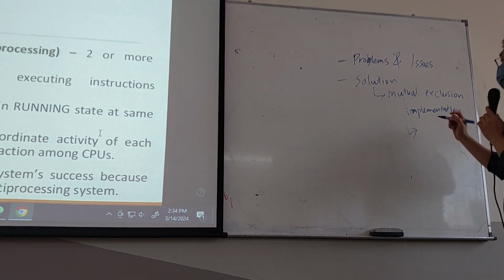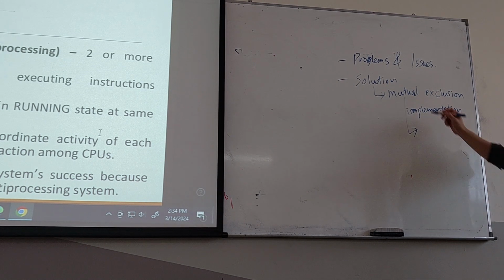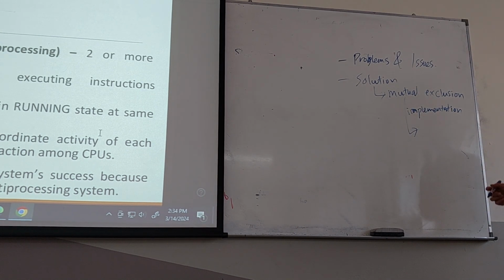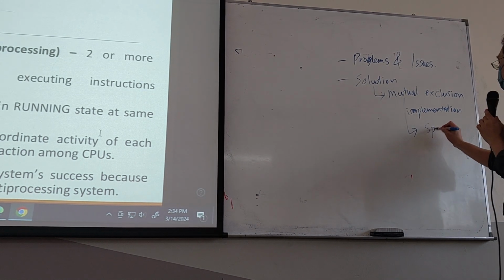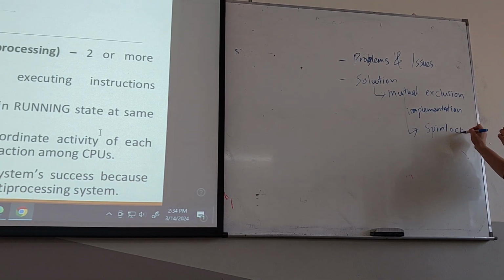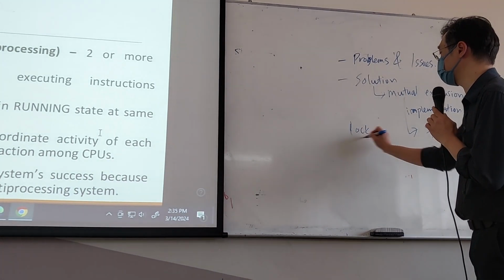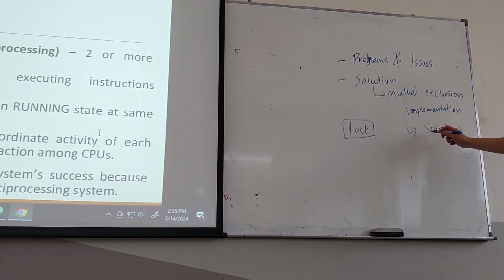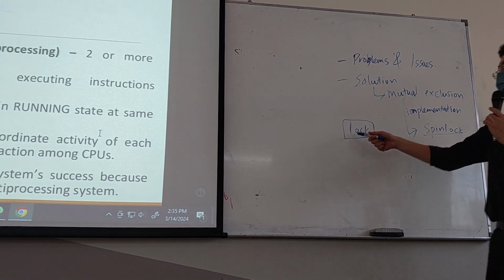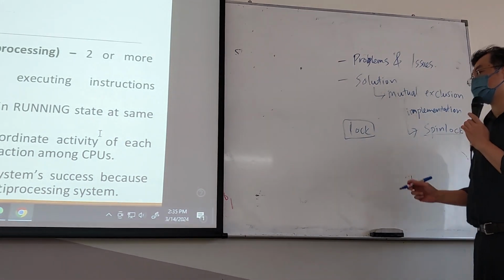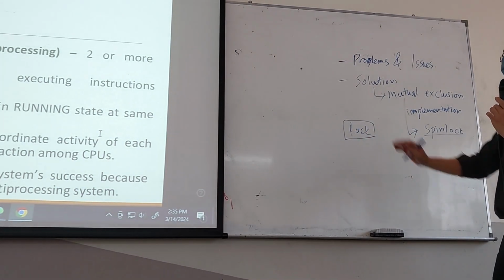A lot of this slide is going to talk about it. It starts with mutex, but I'm not going to start with mutex because it's going to be tough for me to make you understand. I'm going to start with spin lock first. The slide does not use this name. The slide uses lock. Actually, lock is not a good name to use because the actual name is spin lock. Lock has another meaning. It's related, but there's another meaning, which I'll explain.